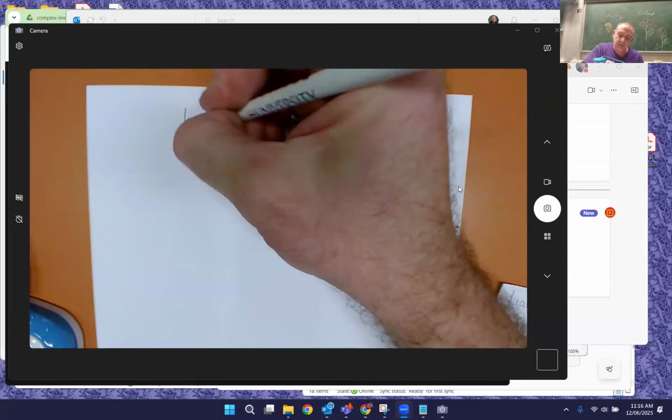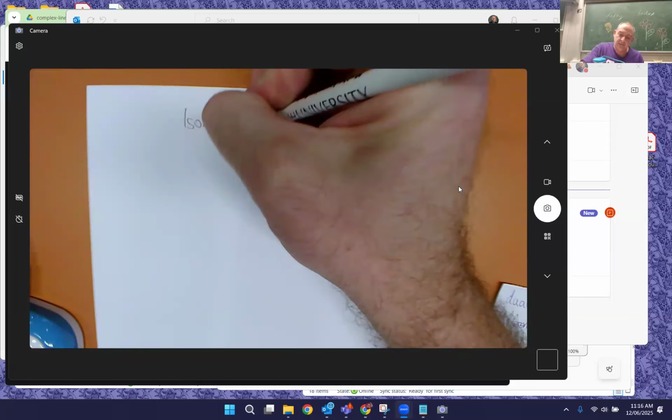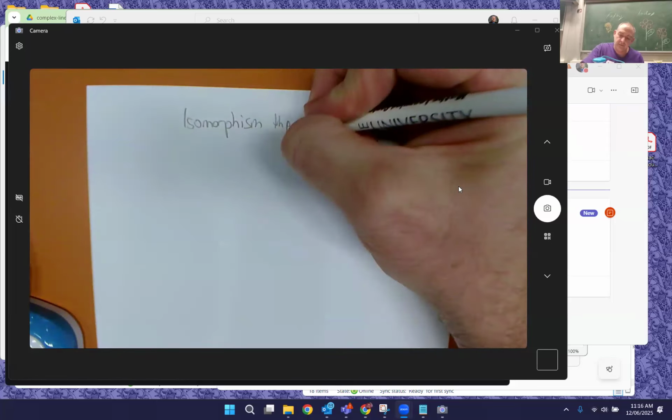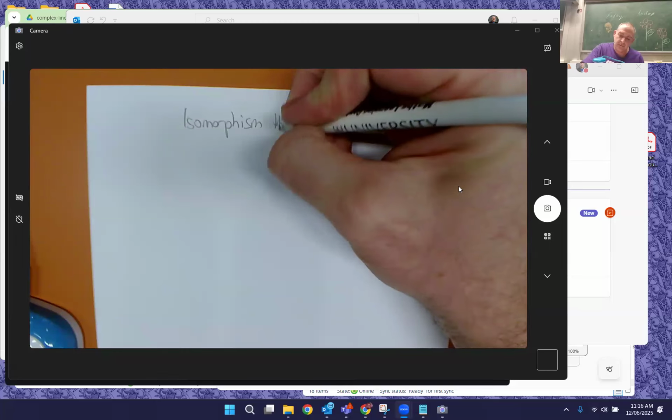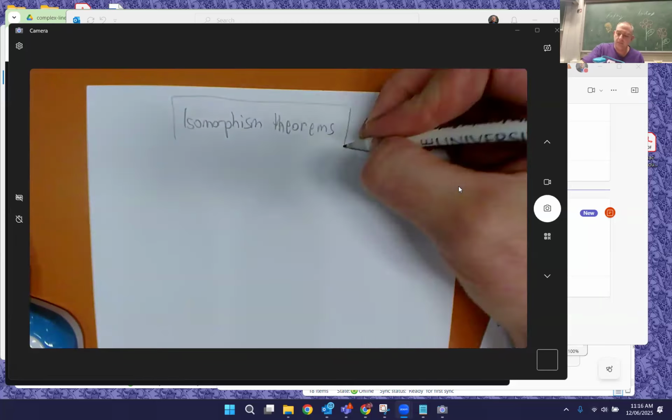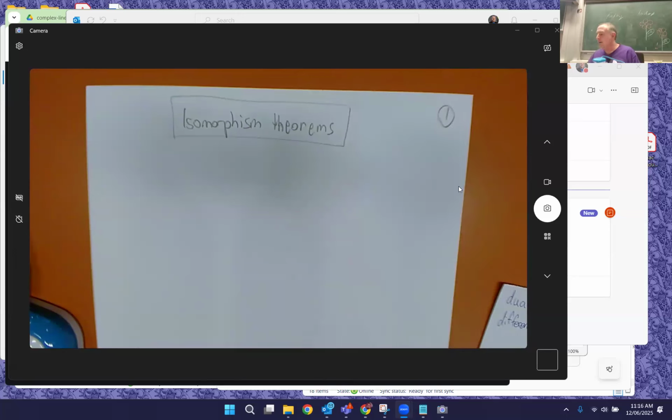So I've been given some requests, and my two preferred ones are about the isomorphism theorems and duality. So I helpfully had the textbook on someone's laptop here.